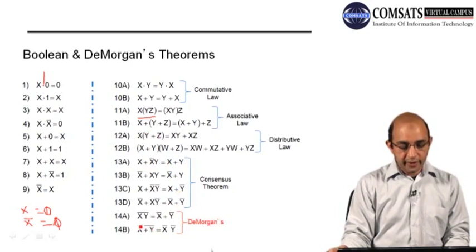If you have x dot y whole complement, we will have x complement, and we replace this dot with a plus sign, the OR operator, y bar. And this is DeMorgan's law: x plus y whole complement is equal to x complement dot y complement, right?